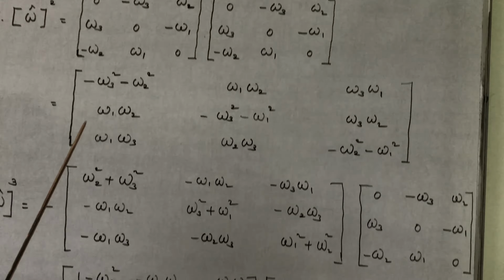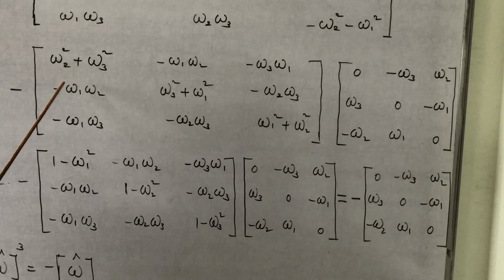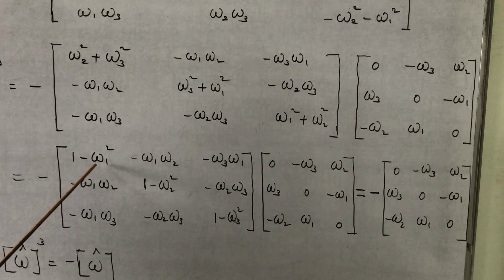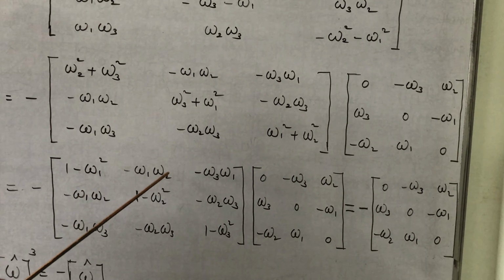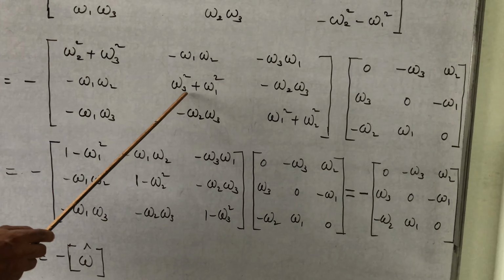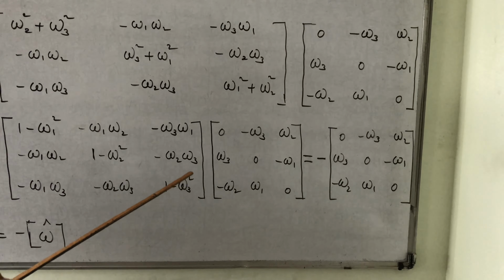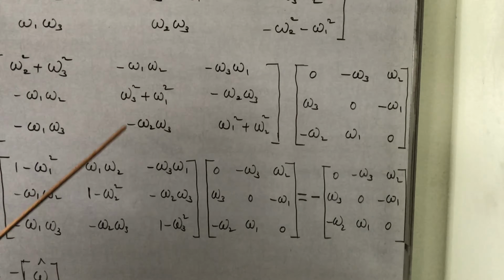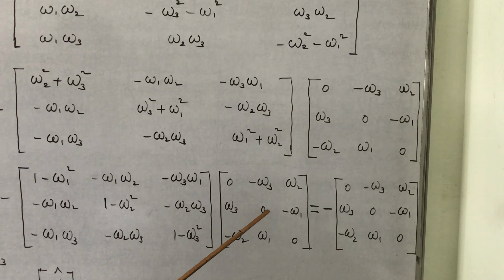So omega 1 square plus omega 2 square plus omega 3 square is 1. So this term, omega 2 square plus omega 3 square, we can write as 1 minus omega 1 square. This one is 1 minus omega 2 square, and this one is 1 minus omega 3 square. So this matrix is reduced to this, into the same matrix.